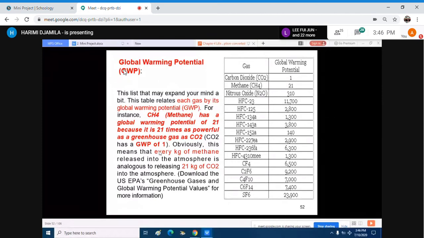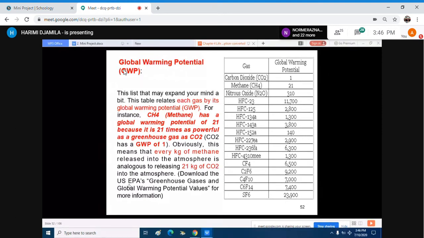I believe this one is the best example, the one that I read now. This means that every 1 kilogram of methane is equivalent to releasing 21 kilogram of carbon dioxide in the atmosphere.